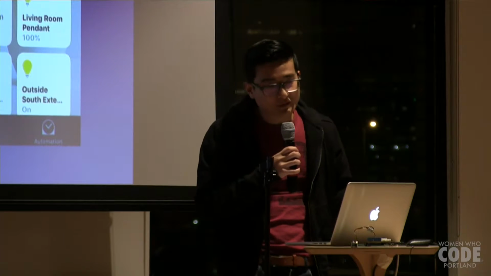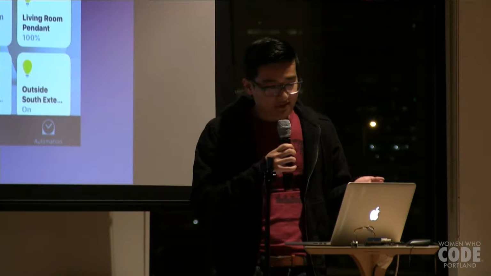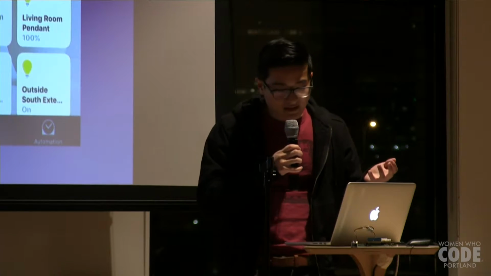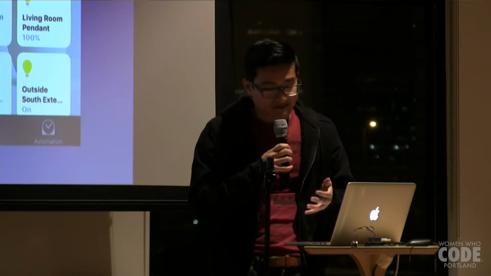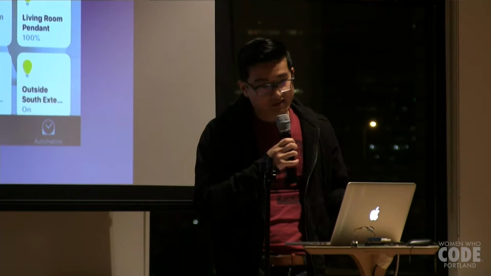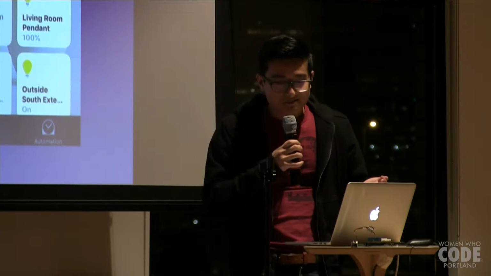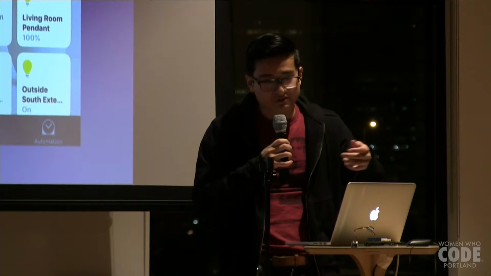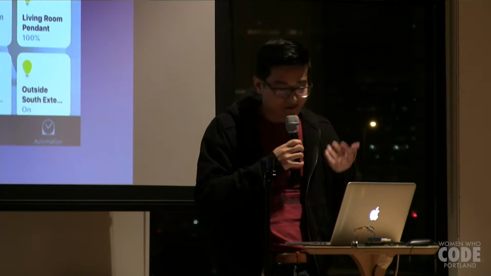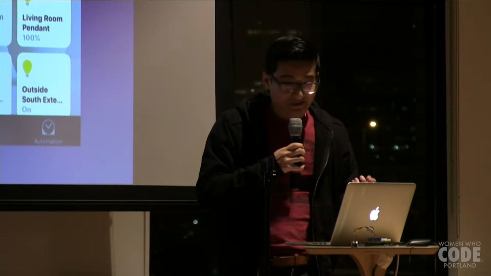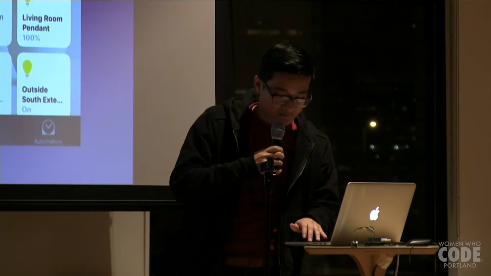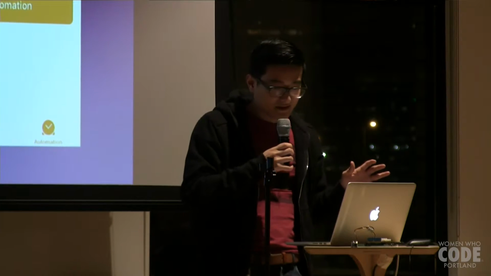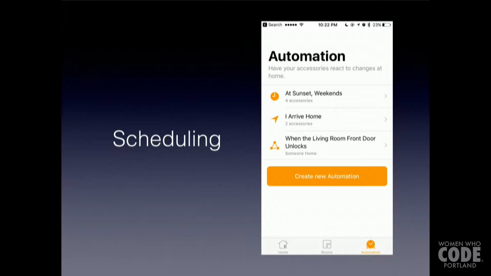One example of what I do with my scenes is that when I tap leave home, that'll turn off all the lights in my house at the same time, and it will also arm the security system. I'm not going to go into separate apps and turn off each of the lights and go into another app for the security system, but I'll do it if it only takes me one button.